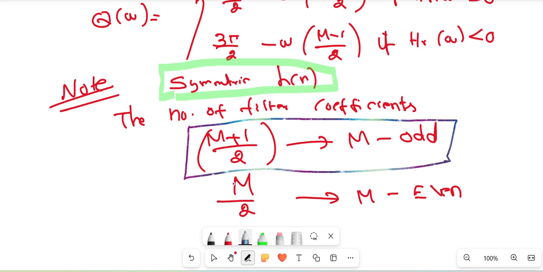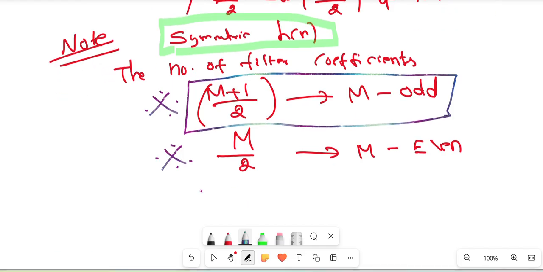If it is a symmetric function, the filter coefficients will be (M plus 1) by 2 if M is odd, and M by 2 filter coefficients if M is even. So, remember that.